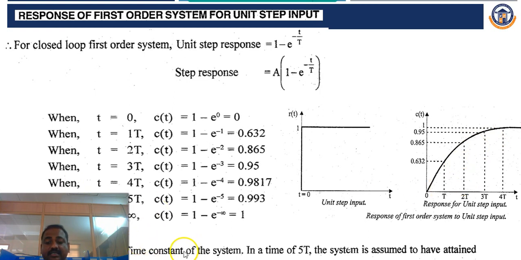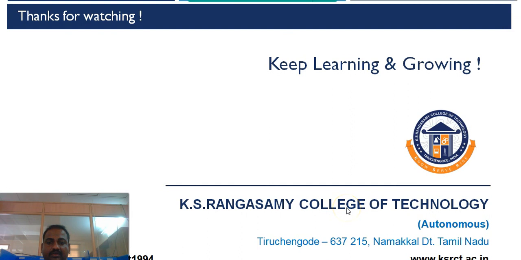Here T stands for the time constant of the system, and in a time of 5T, the system is assumed to have attained a constant value. So the response of the first order system is 1 minus e power minus t by T. That's all about first order systems.